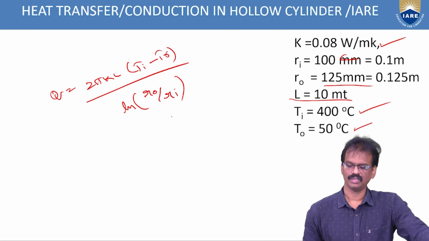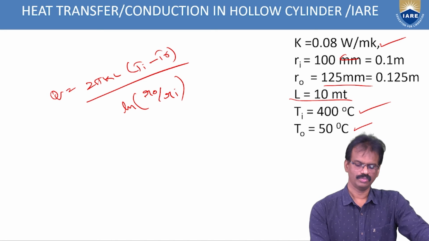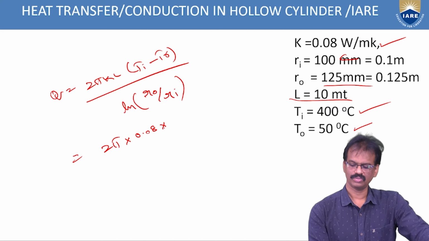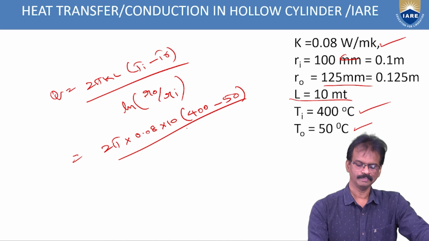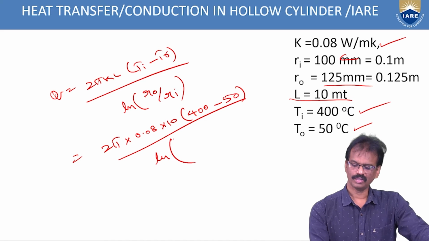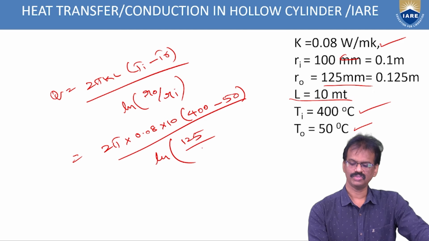You can take directly 2 pi times K, the thermal conductivity, 0.08, times the length 10 meters, times the inner temperature 400 minus the outer temperature 50 degrees, by Ln of R naught, 125 mm, by Ri, 100 mm.